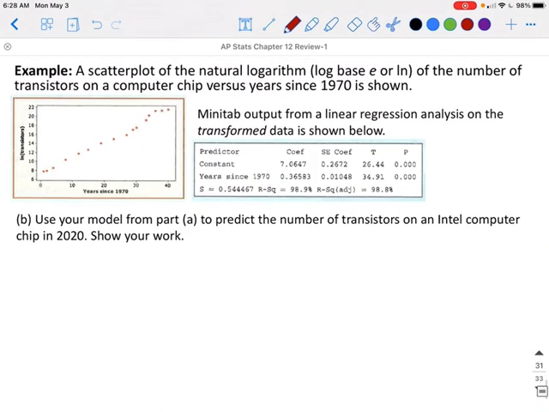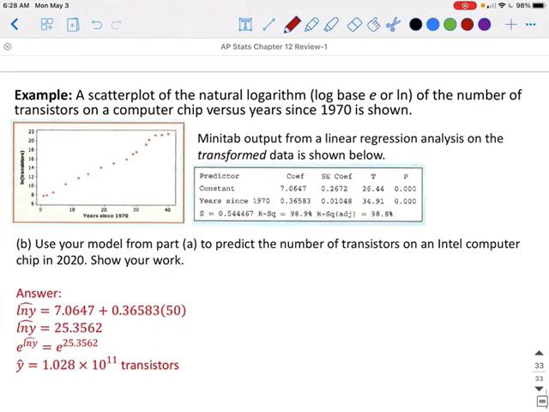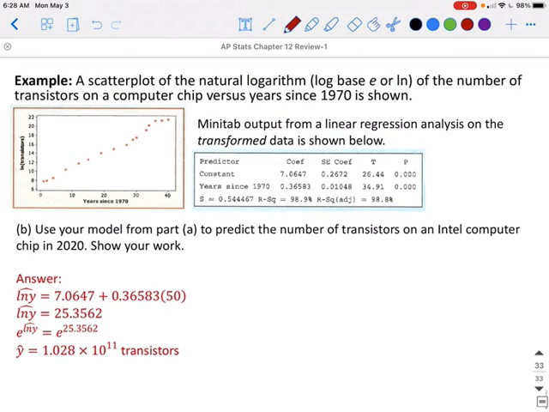Next, we need to use this model from Part A to predict the number of transistors on an Intel computer chip in 2020. So we're going to take the number of years since 1970 to 2020, which is 50 years, and we are going to put that into our x value. Now, if we take everything on the right side and calculate that, that's going to give us the ln of y is equal to 25.3562.